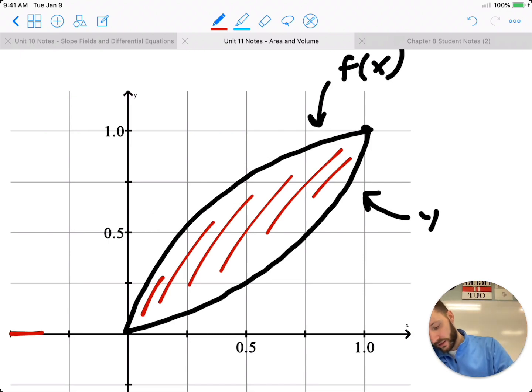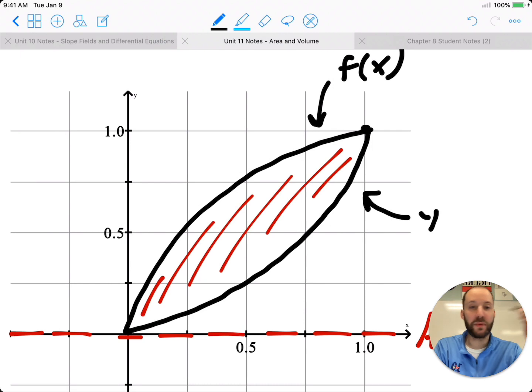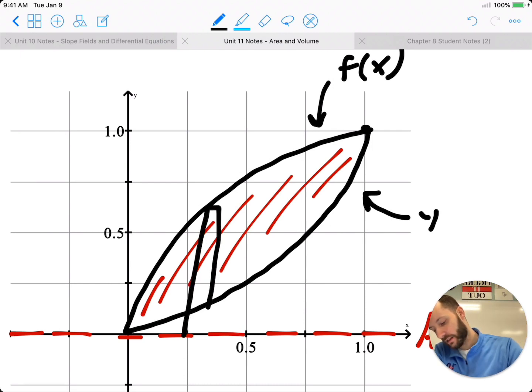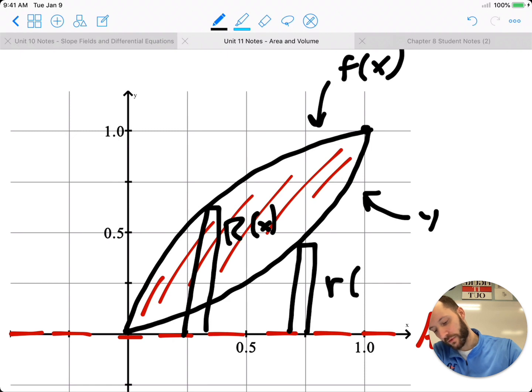So down here, we have our AOR, axis of revolution. And in this axis, there's a big R of x from the axis to the far side of the area. And we have little r of x from the axis of revolution to the near side of the region.